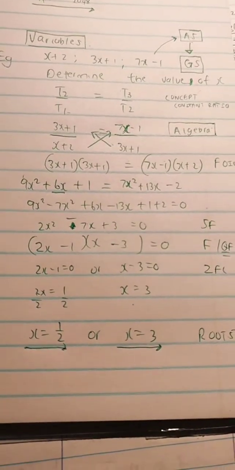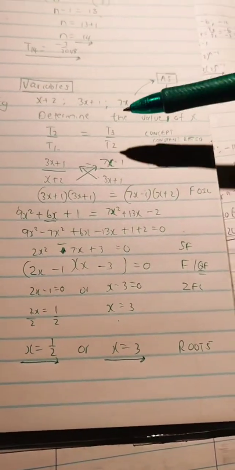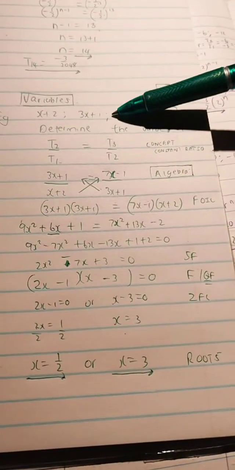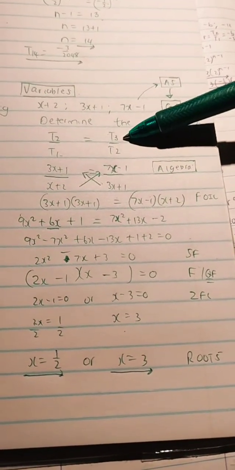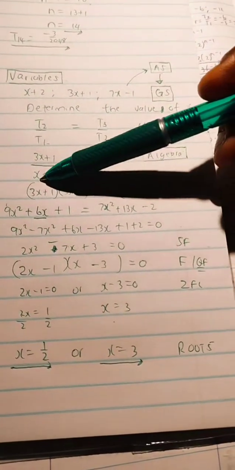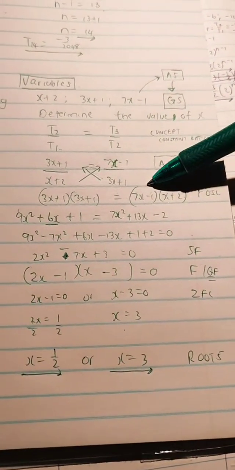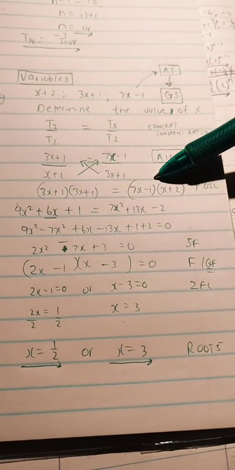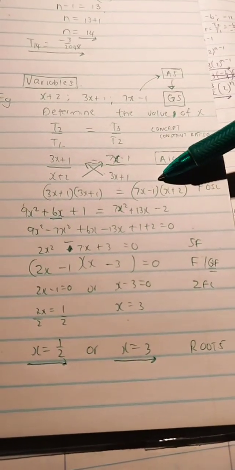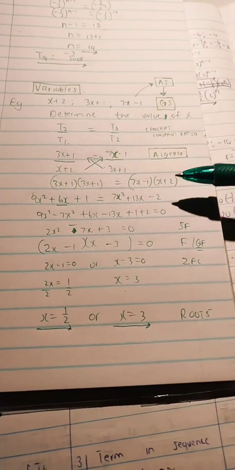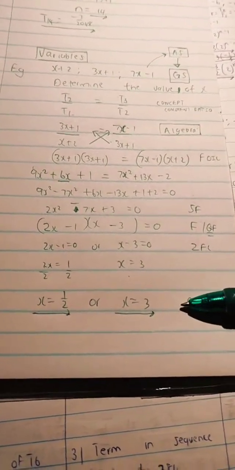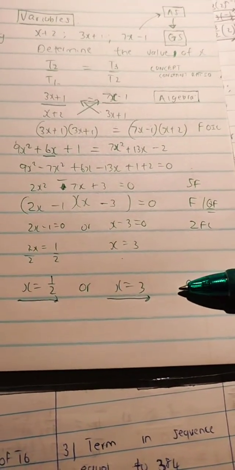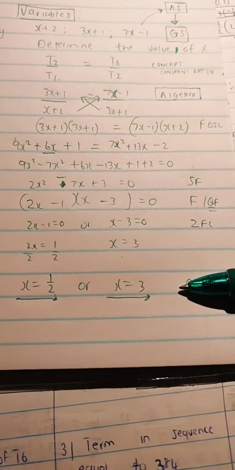Now, guys, let me just be honest with some of you. If you get the concept of constant ratio and you are able to get to this step, then it means that you are fine for sequence and series. If you are struggling with this part from here up until the end, then your problem is not with sequence and series in grade 12.